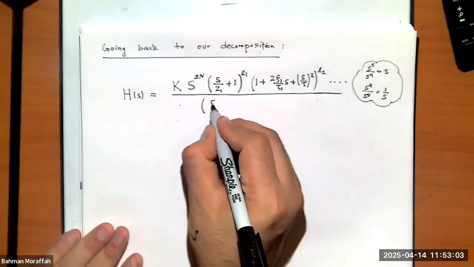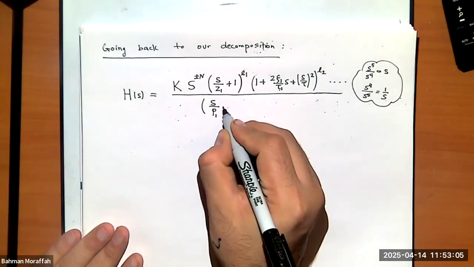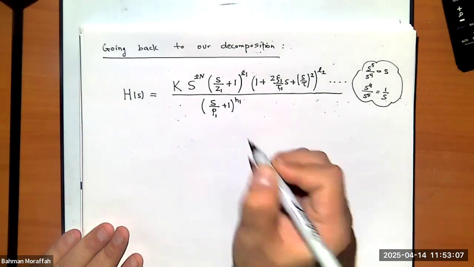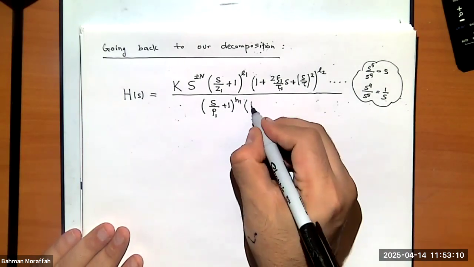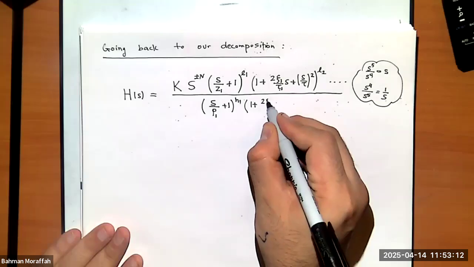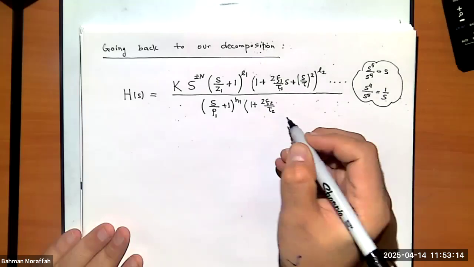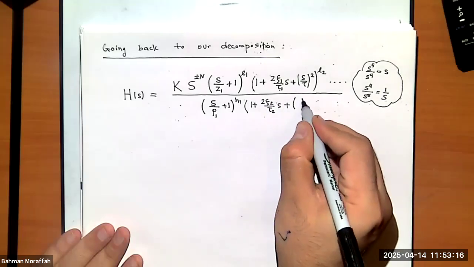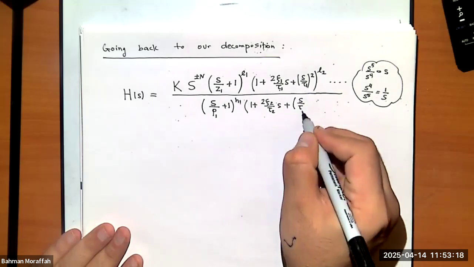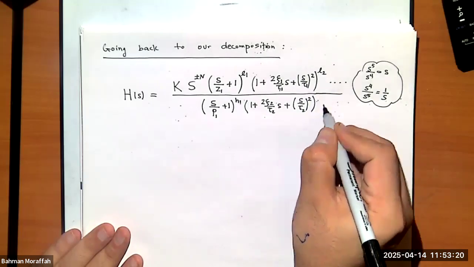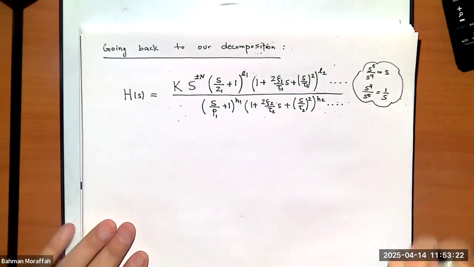I can write my poles in terms of s over p1 plus 1 to the power of h1, plus 2 zeta 2 tau 2 s plus s over tau 2 squared to the power of h2, and so on and so forth.